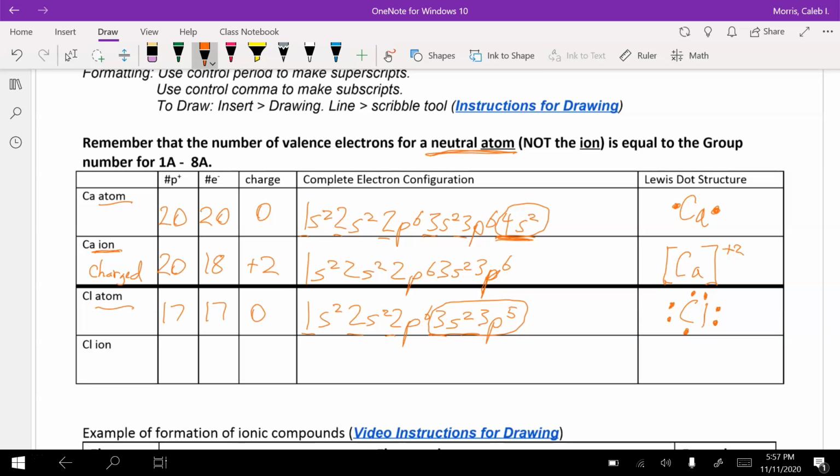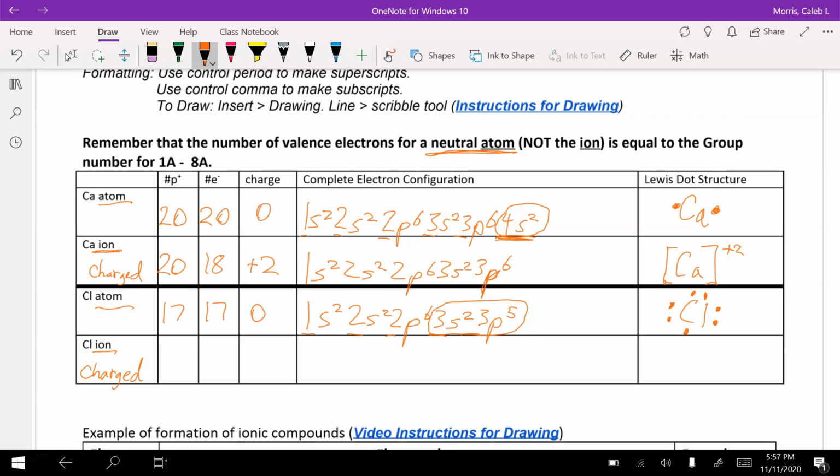Alright, so the goal of all these atoms is to get to 8 valence electrons. If we are forming an ion, remember that's a charged particle, and the reason that they become charged particles is because they want to get a different number of electrons than they have.